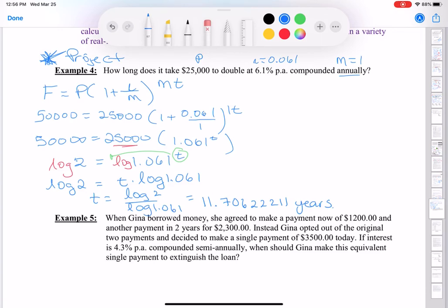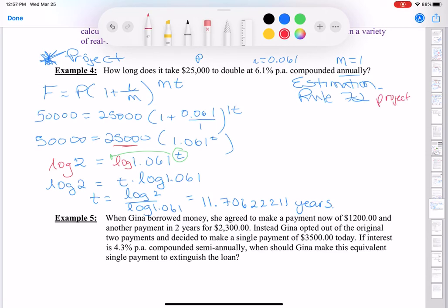This is how long, to the exact day if we wanted to find, that it would take for our money to double. But often when we're communicating to people, we care about estimation. There is a rule called the rule of 72. And this, my fine folks, is what the project is about.